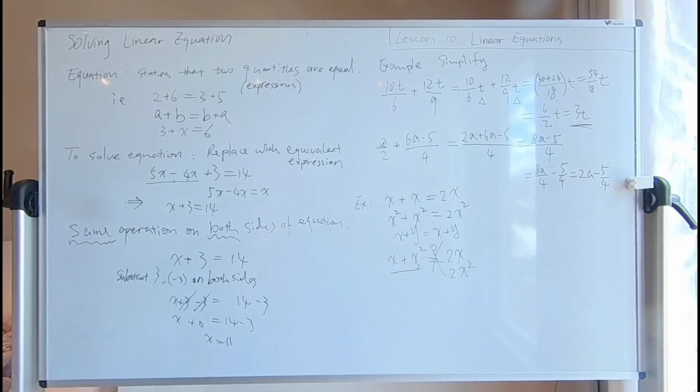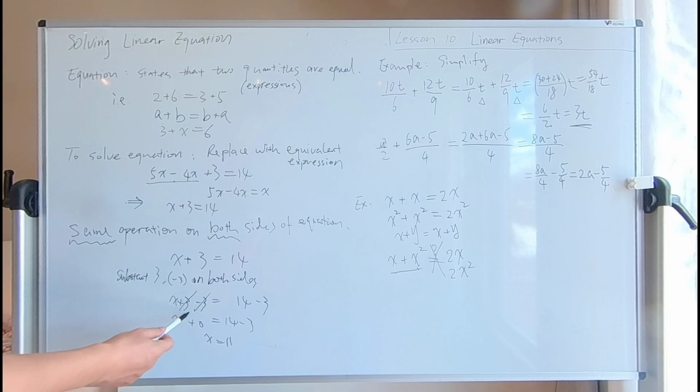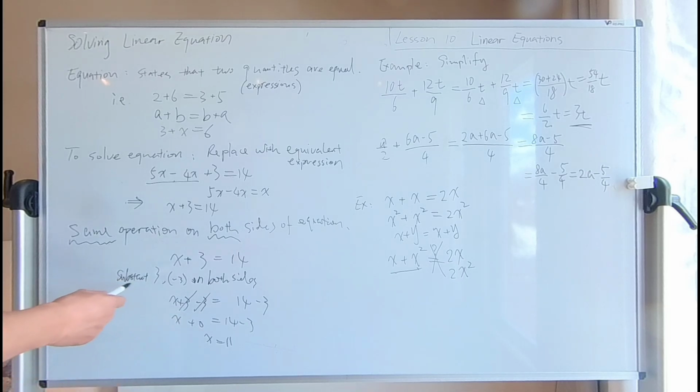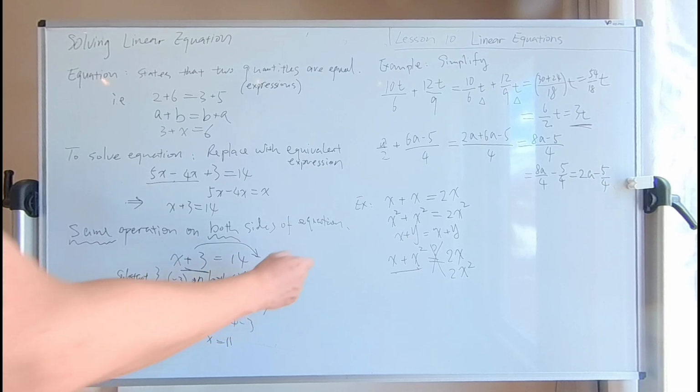So I know the value of x, which means I solved this equation, and x is 11 by using this technique. I'm subtracting the same number on both sides. So this means if you have plus or minus, you can move the number to the other side of the equation by changing the sign, right?